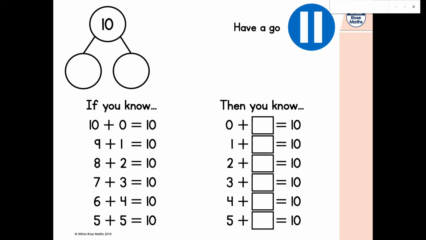Why don't you have a go? Think about if you know the number bonds on the side that we just went through, then can you figure out the number bonds with the missing digits? Go ahead, and then come back and I'll give you the answers.